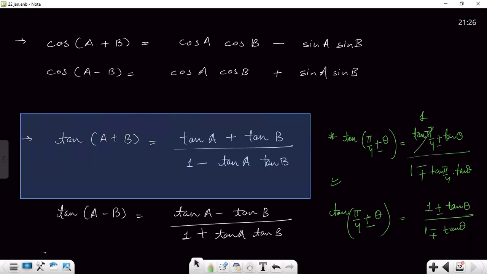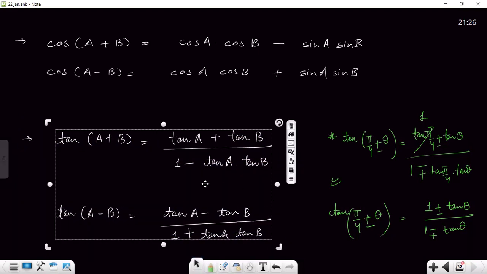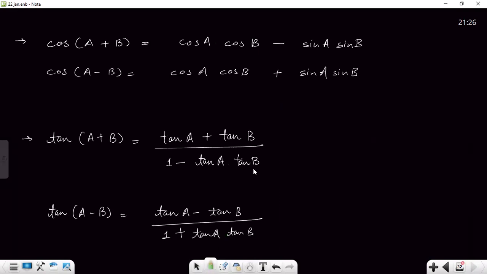Okay, so let me make some space. Tan of (pi by 4 plus theta) is 1 plus tan theta divided by 1 minus tan theta.